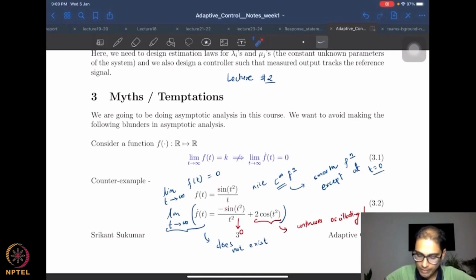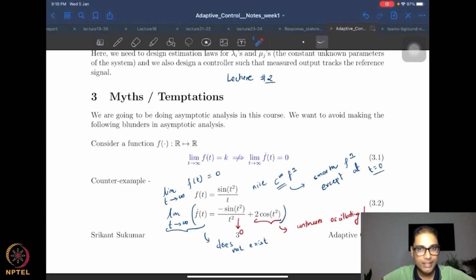For those who have never seen this notation, C infinity, I strongly encourage you to look it up. Make sure you familiarize yourself with it, because this notation is definitely going to show up regularly in our course. So the important thing to note is we did not choose any poorly behaved function to prove our thesis that the function converging to a constant does not mean the derivative converges to 0.